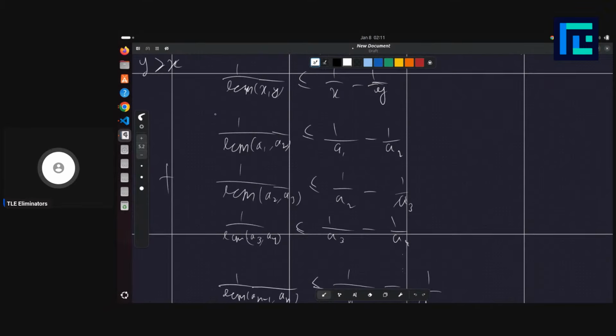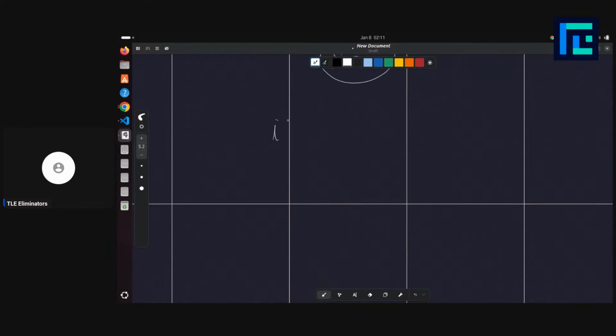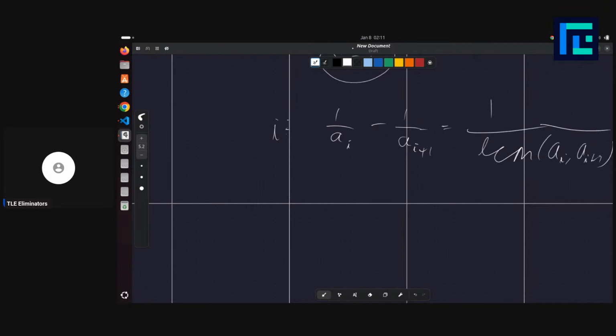For every i, I want 1 upon ai minus 1 upon a(i+1) to be equal to 1 upon LCM of ai comma a(i+1). If this is satisfied, then I will get my sum equal to 1.